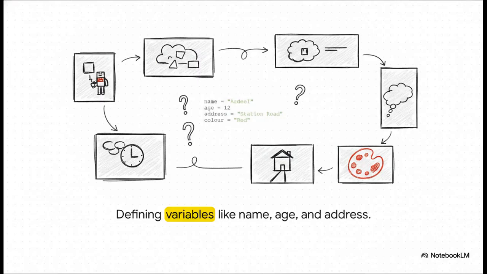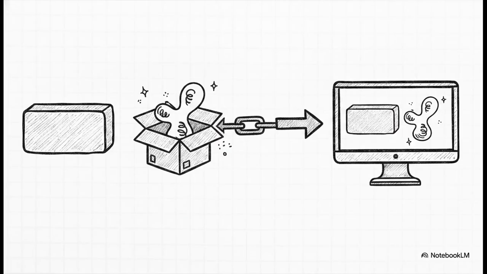Take a look at how we actually write this out in Python. In the code right here where it says name equals Ardeel, the variable label itself, the actual word name, is not inside quotation marks. We are simply telling the computer, hey, create a box called name and store the text Ardeel inside of it. And we do the exact same thing for age, address, and favorite color. But how do we get that stored data back out to the user?